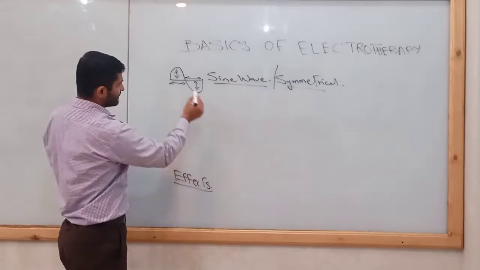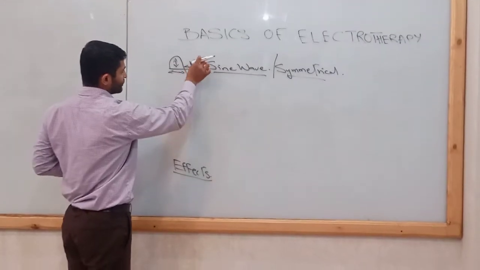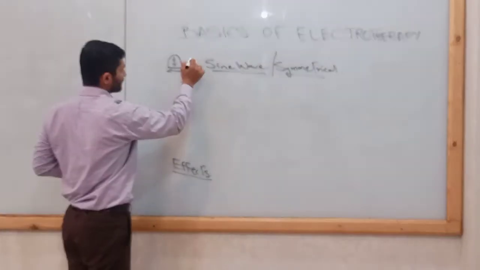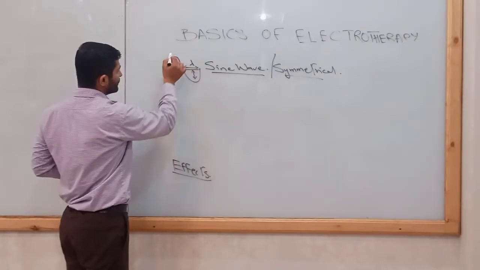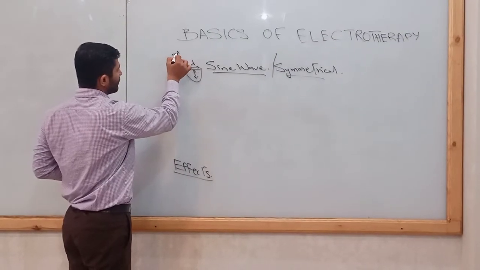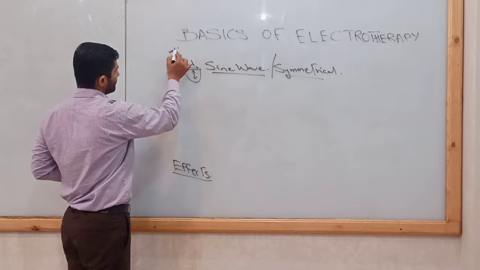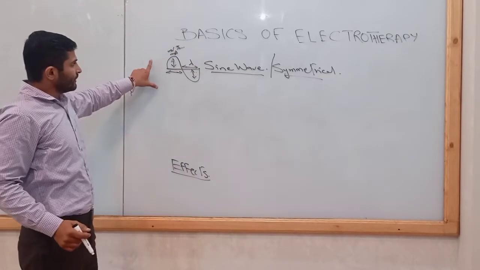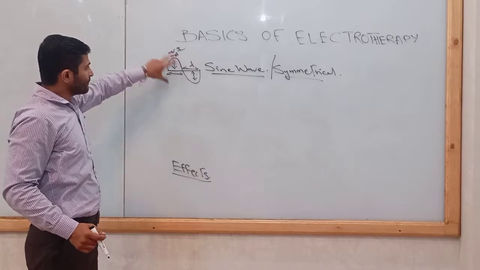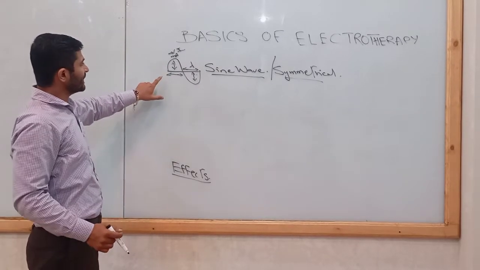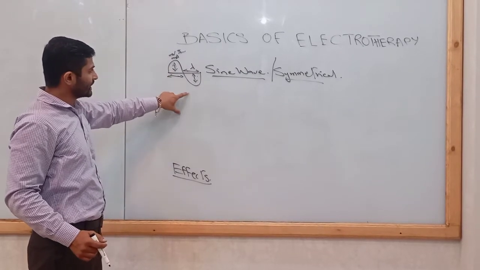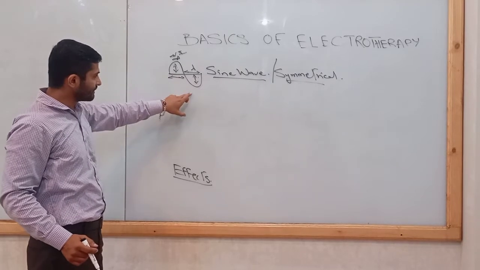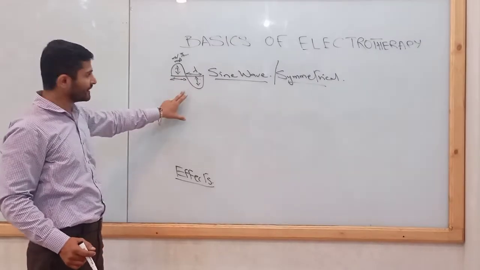On the x-axis this is wavelength shown by lambda, and amplitude in milliamperes or millivolts or simply I. So if a wave is symmetrical, it means that the positive half and the negative half will be symmetrical and identical.